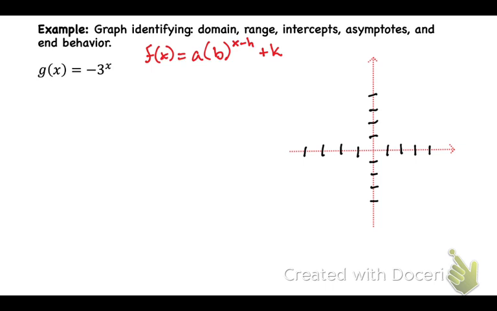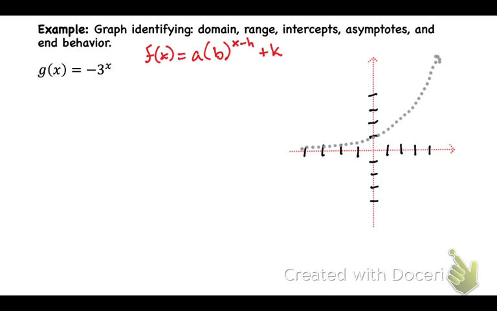Okay, so we know it goes through 0, 1, and it looks like this, doesn't it? That's the parent function. 3 is my base, so it's probably going to turn a little sharper than 2, right?